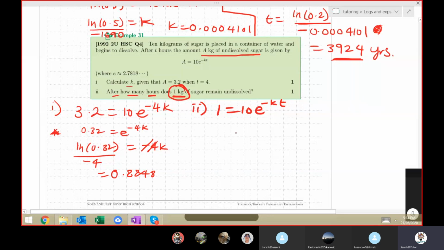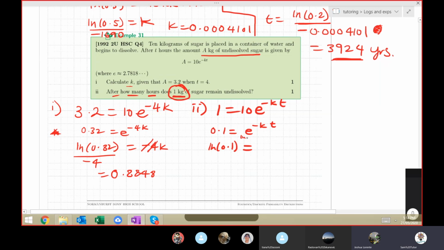All right, Josh, let's try to solve for t. What's the first thing you get rid of? The 10. 1 over 10, which is 0.1. I like to use decimals here because it looks a little bit easier. Then, what do you do to both sides? I log them. What would you be left with here?